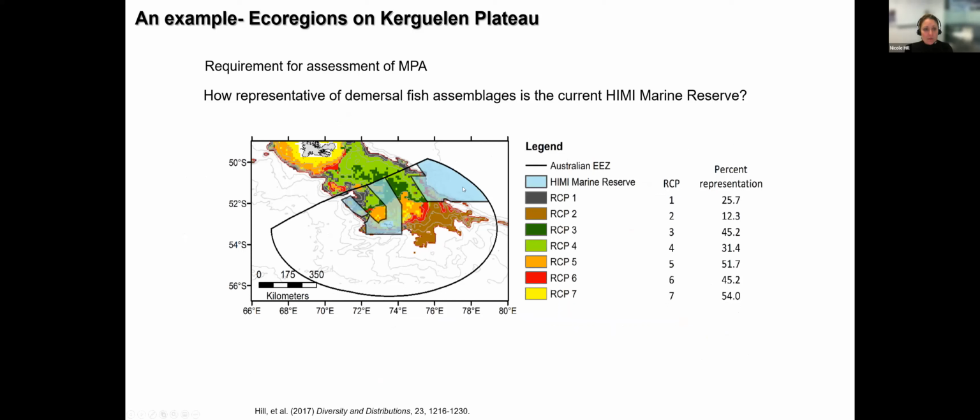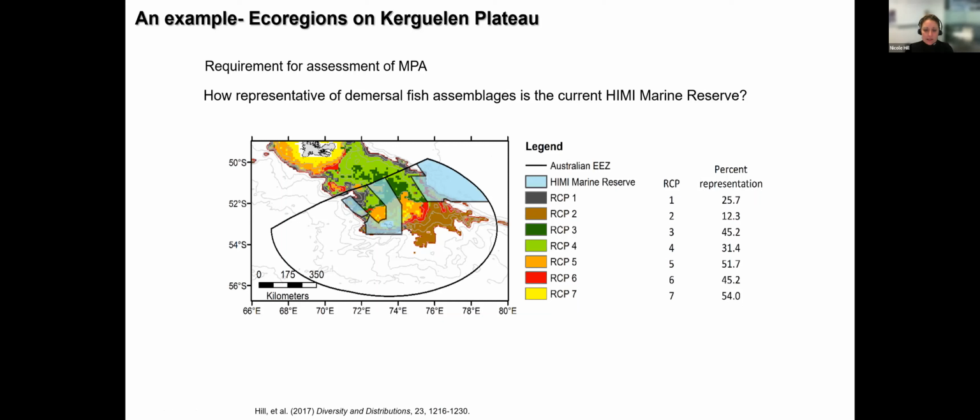One of the questions that we asked with this information was how representative is the Heard and McDonald Islands Reserve of the demersal fish assemblages? We calculated the overlap between each of the assemblages or ecoregions and the marine reserve. Essentially what we found was that there was reasonably good representation for most of the assemblages, except for this lovely brownie coloured one here, assemblage 2.